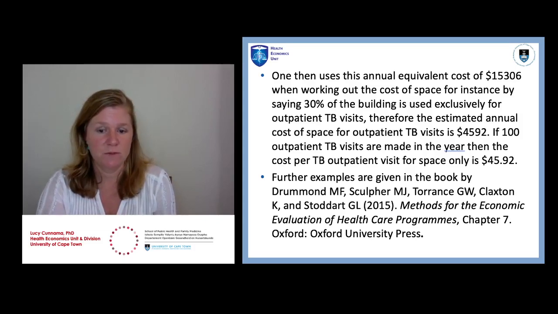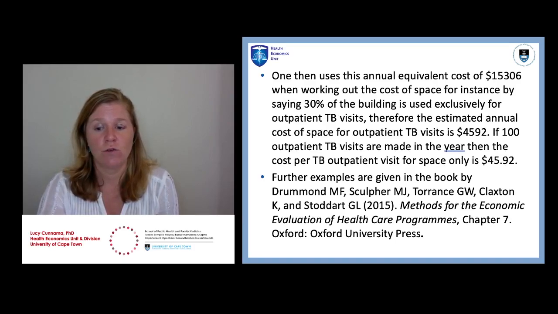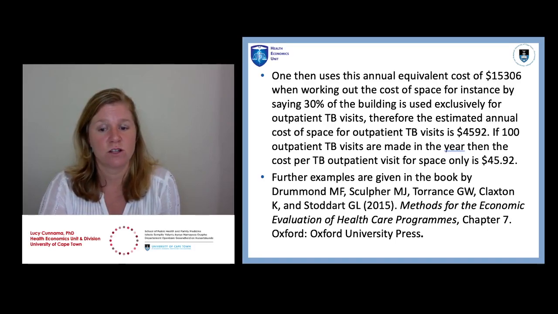However, if 30% of that building is used exclusively for outpatient TB visits, then the estimated annual cost of that space for outpatient TB visits is almost a third of the total building cost. So a third of that $15,306, which would be $4,592.